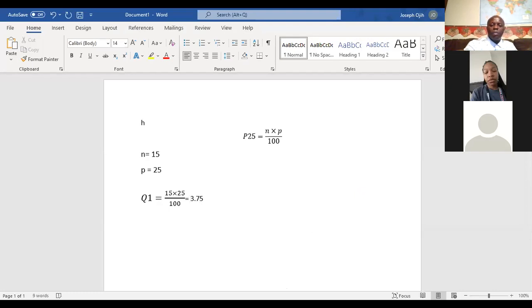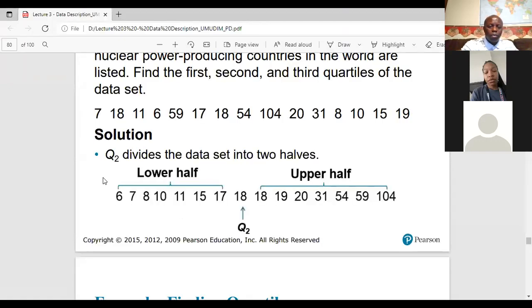Now, each time you have a decimal part, like 0.75, round up to the next whole number, which is 4, the fourth number. So our Q1 becomes, if you count 1, 2, 3, 4, the fourth number, 10. 10 is the Q1.